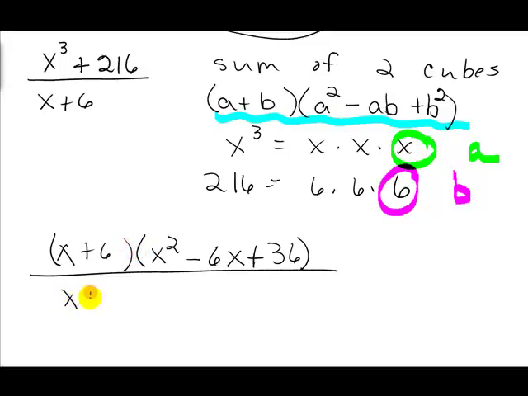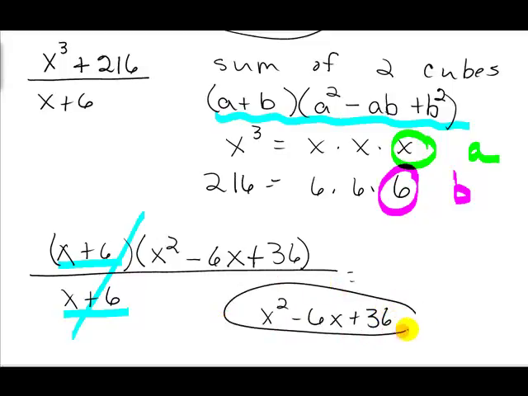Going to go ahead and write down the denominator that I have. Notice that these two are exactly the same, so they cross out and become 1. And I'm left with x squared minus 6x plus 36 as my simplified form of this rational function.